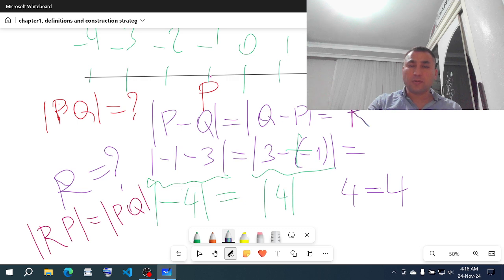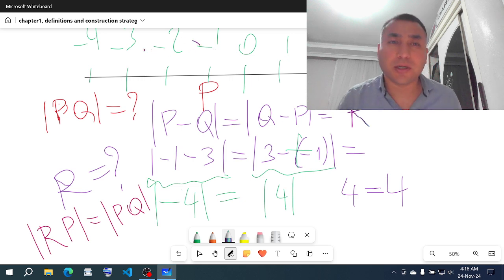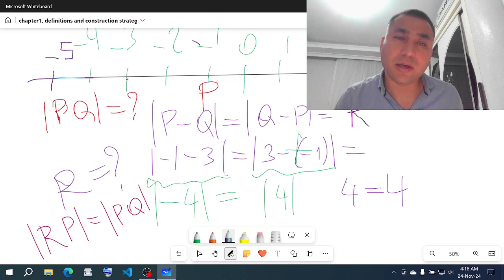But also, we can move to the left side. Even though the numbers here are minus, the distance itself is not minus. So minus 5, and it goes on like that, minus 6, etc. We need to move to the left and find 4 distance: 1, 2, 3, 4.